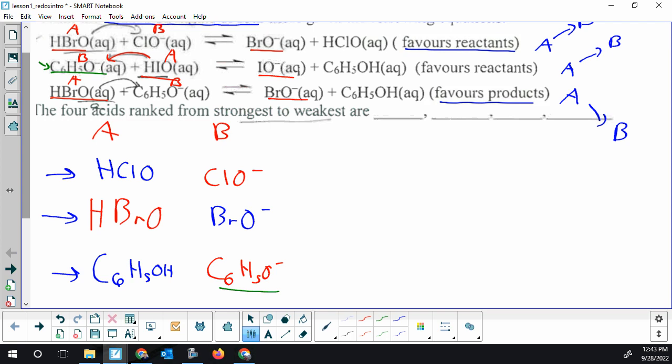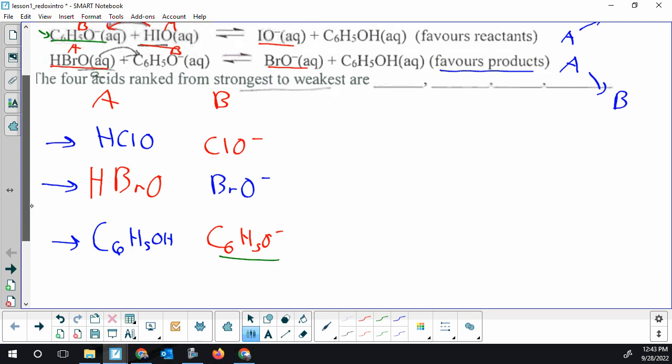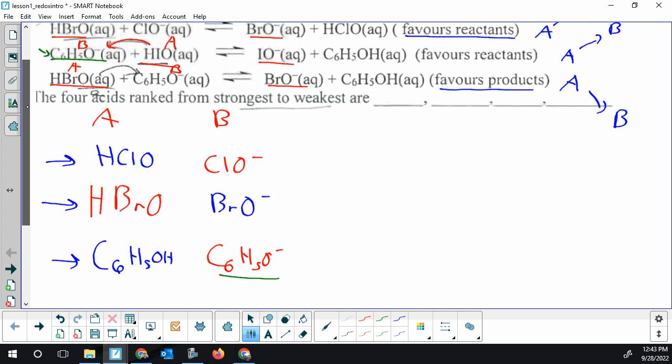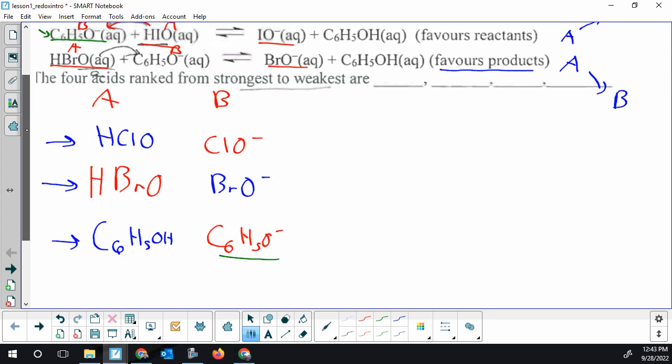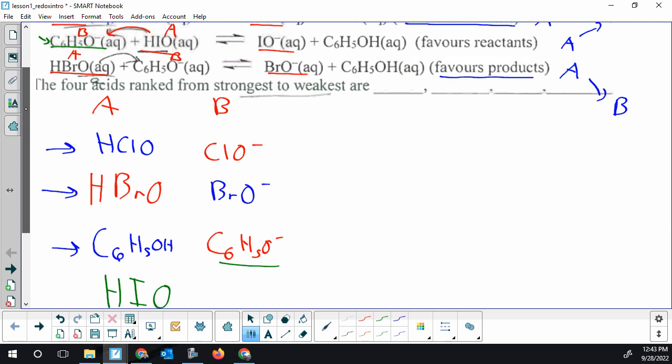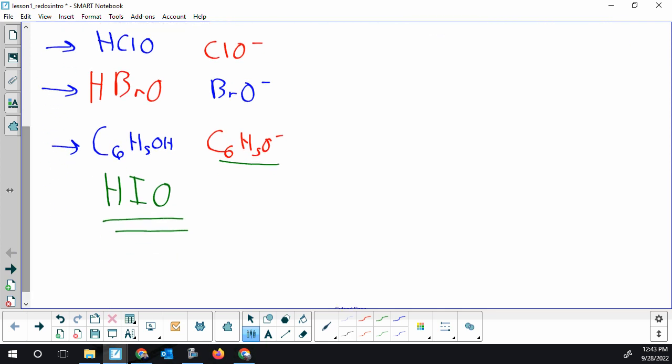I know the base already, so I need the acid to be below it to get that less than 50%. So what was the acid again? It's HIO. So that lets us build our last line in our strength table. So the conjugate base, I just take the H away and drop the charge by 1.